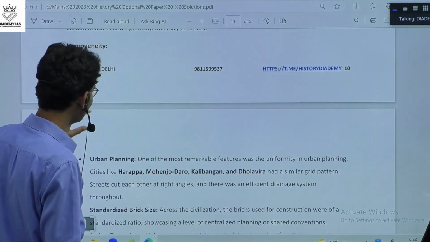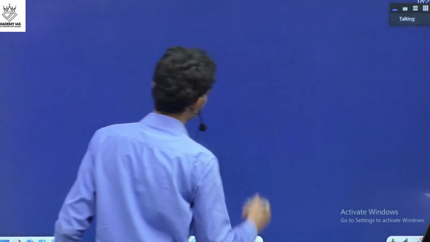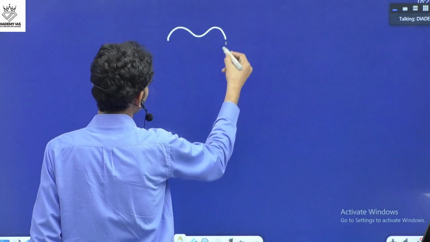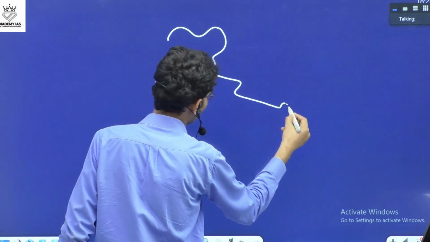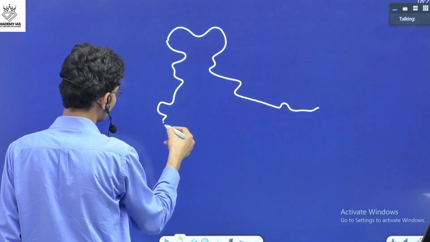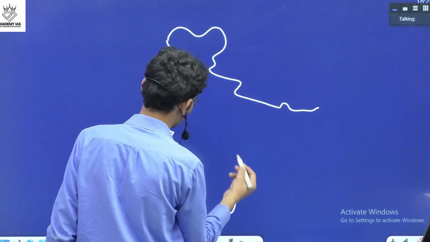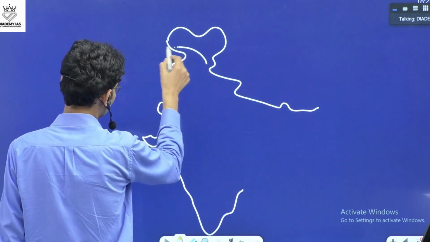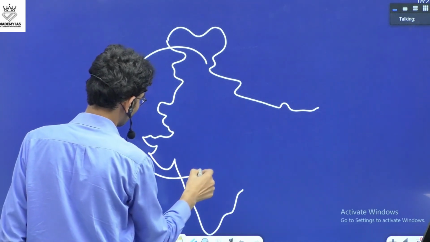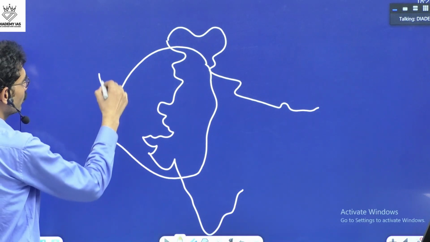When it comes to homogeneity in Indus Valley Civilization, this is the zone where it flourished.